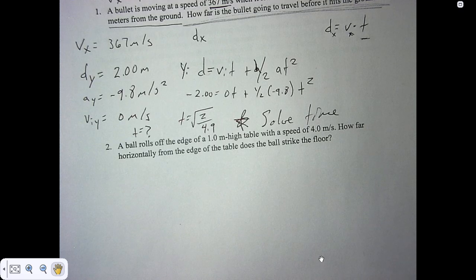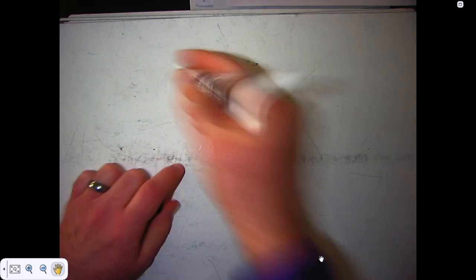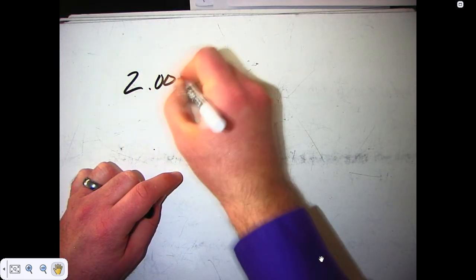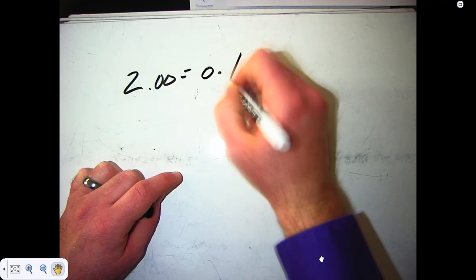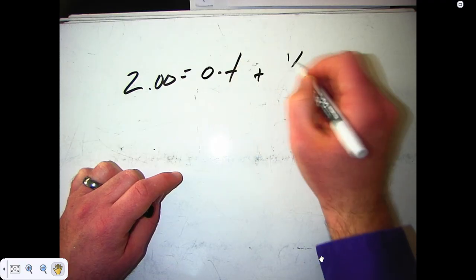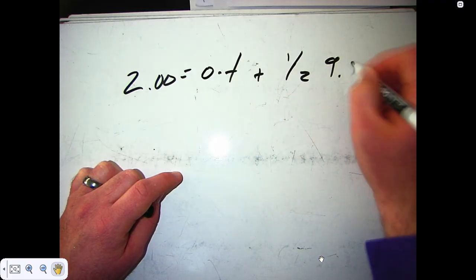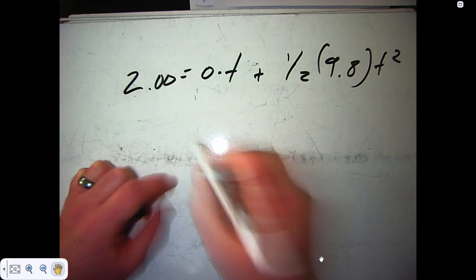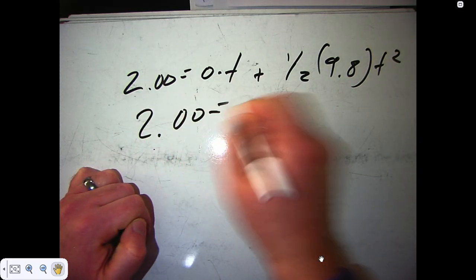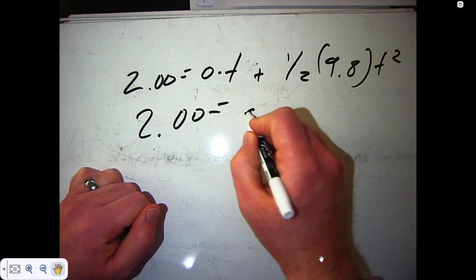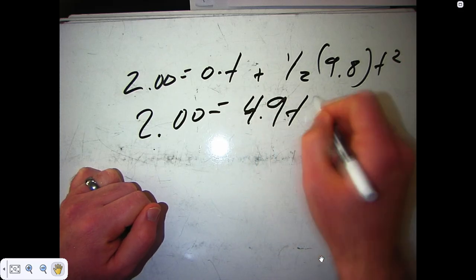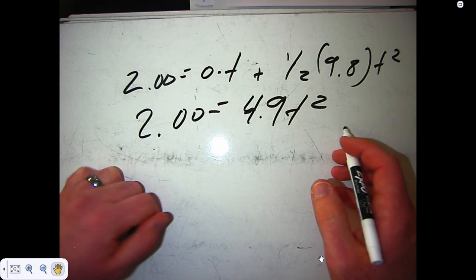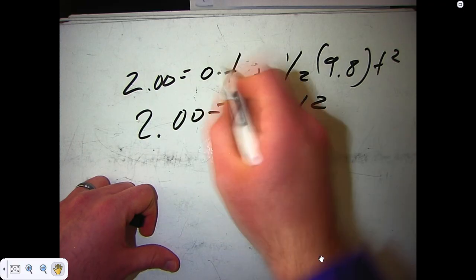So I will write it out a little bit more. Algebra. So the 0 times t plus 1/2 9.8 t squared. So I've got 2 equals 4.9 t squared. Right? Because 0 times t is 0.